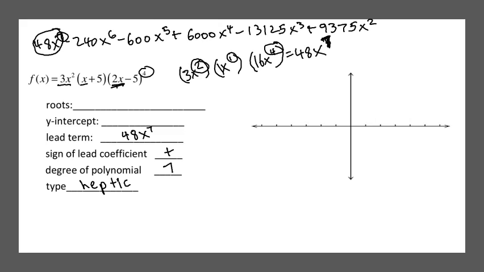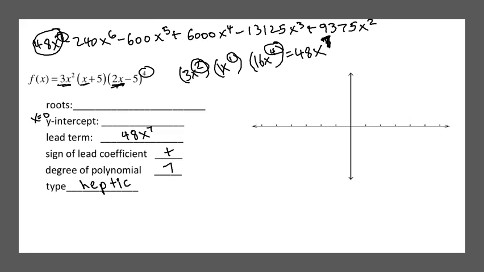Concerning the type, we said that the name could possibly be heptic. So how do we find the other bits of information here? Well, the y-intercept, remember that for the y-intercept, we have to make x equal 0. So if we set each of these x values equal to 0, we should be able to find the y-intercept.